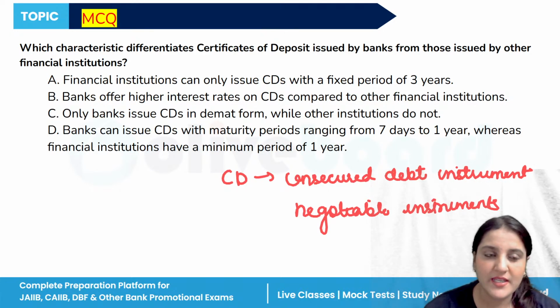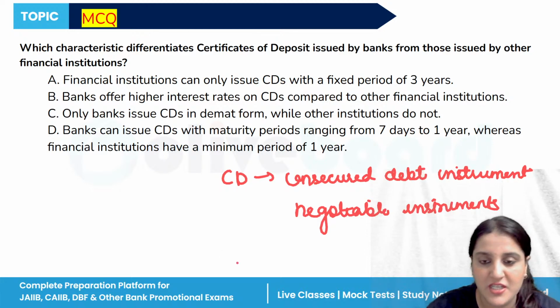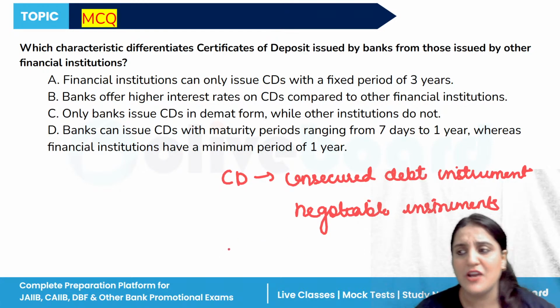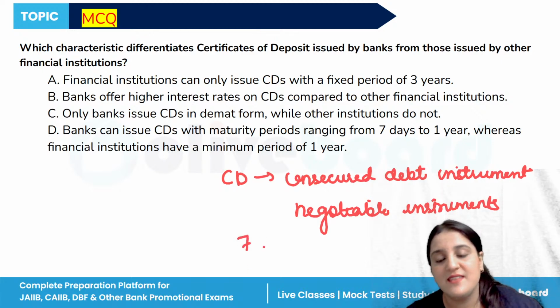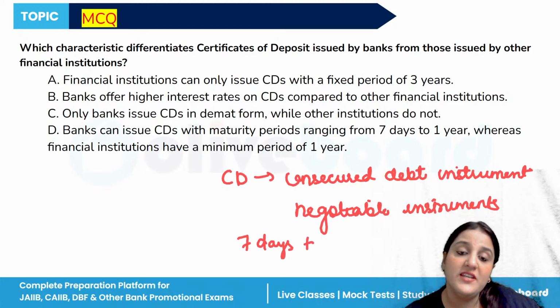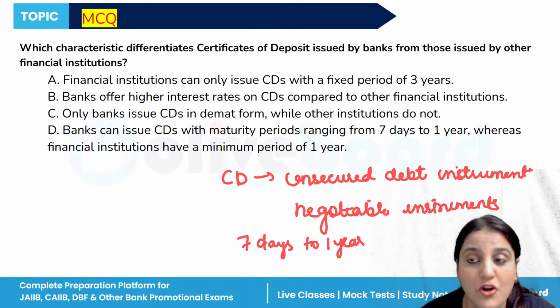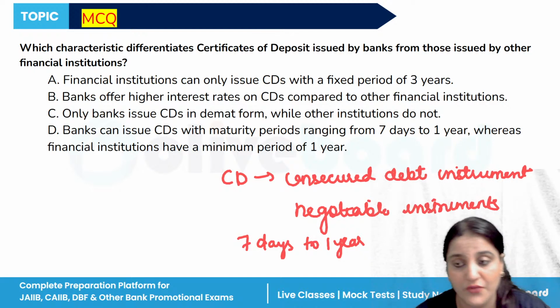And the period of maturity of the CDs issued by the banks is of different range, like 7 days to 1 year from the date of issue. And also here, they can issue CD for a period not less than 1 year, not exceeding 3 years from the date of issue.